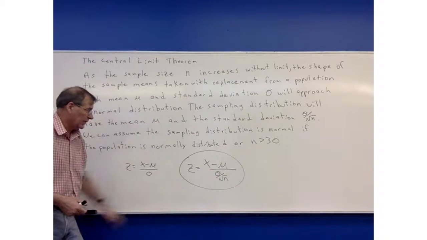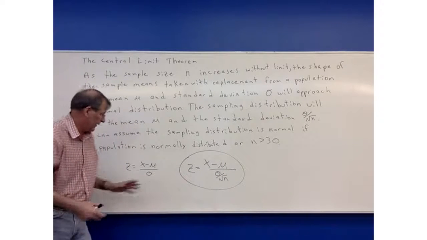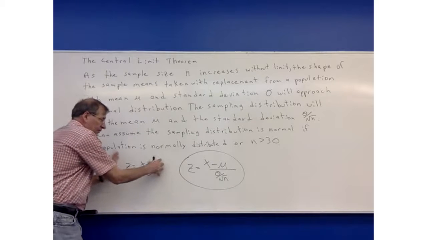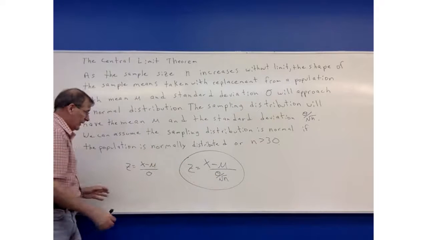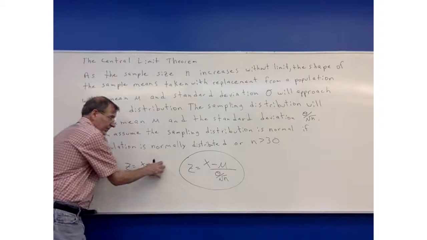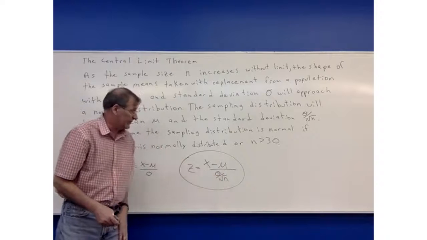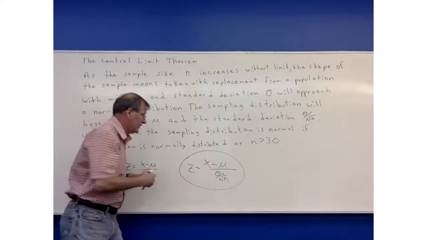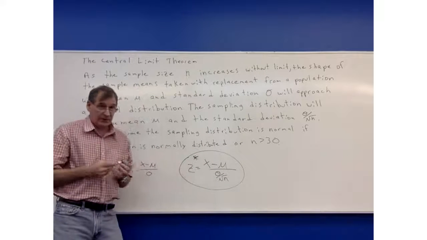So if you always use this equation, you'll always be right. When n is 1, this situation works, but it'll work there too. You plug in 1 and you get that equation. When n is something other than 1, you can't use this. You have to use this. Well, it works here, 2, 3, whatever n is. So this is the equation you're going to need to know for the rest of the course. And that's the central limit theorem.